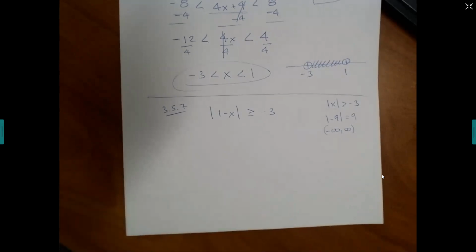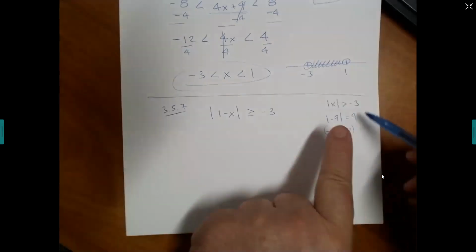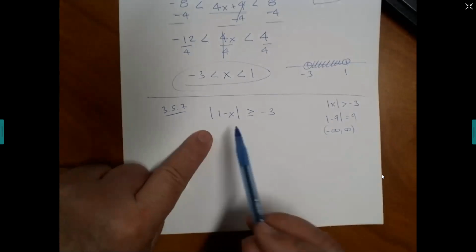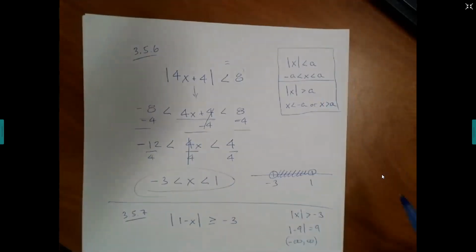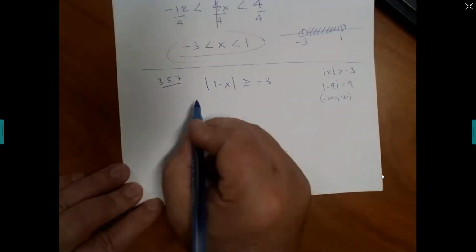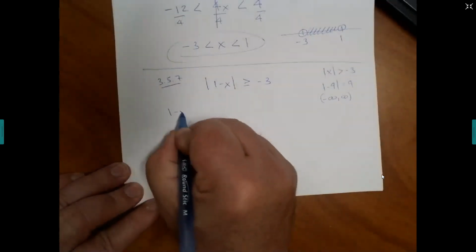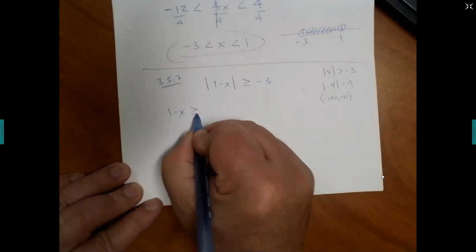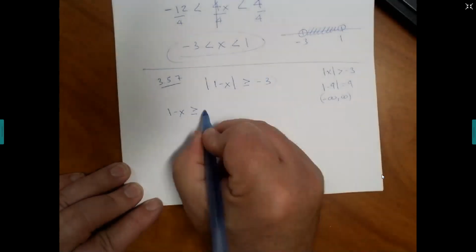So now, yes, what I was saying is conceptual. Now let's solve it the way we do using these formulas. Here's the greater than. So we drop the absolute value sign. We have 1 minus x is greater than or equal to whatever a is.